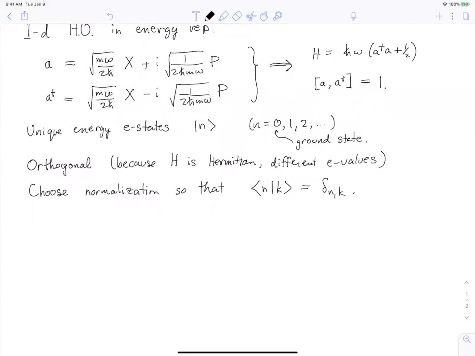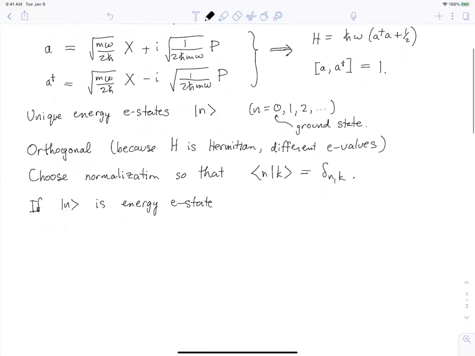Okay, now, if |n> is an energy eigenstate, as we are assuming, then we proved last time that if you act many times with an a dagger operator, you still have an energy eigenstate.